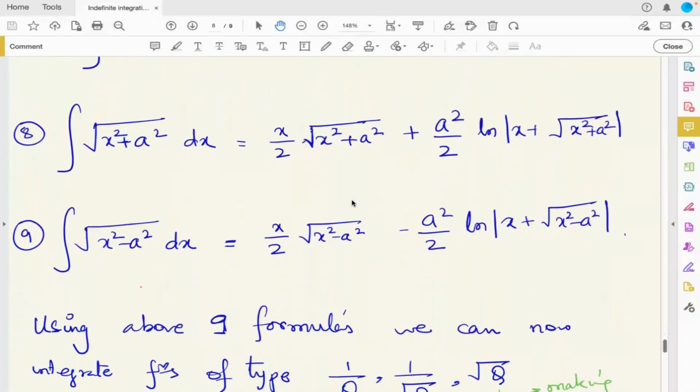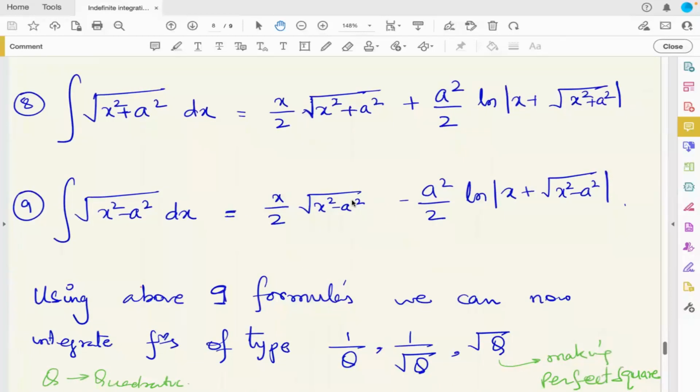Now let's move on to the next part. Using the above 9 formulas, we can now integrate a function of any kind, like 1 by a quadratic function, 1 by root over a quadratic function. So what we actually do, look here.